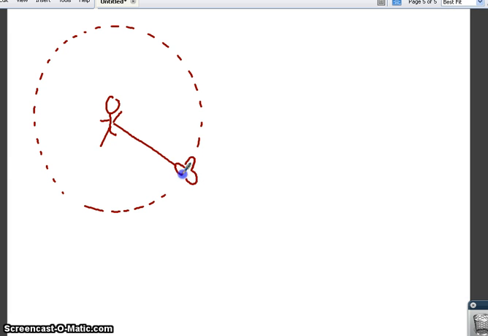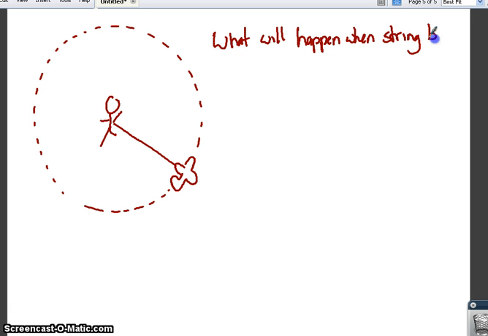So a little plane going around the center here. And the question is going to ask you, what will happen when the string breaks? So at this point on the circle, right here, this string is going to break.